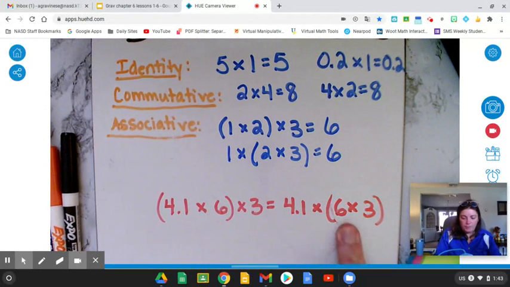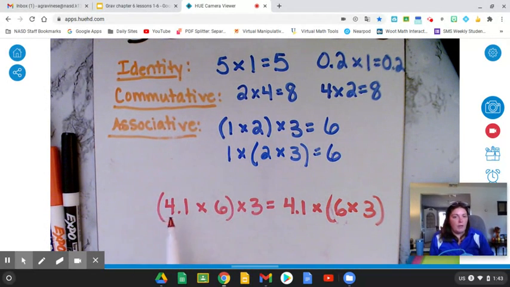All right, so for this example, I have 4 1/10 times 6 grouped together times 3. And that's going to equal the same amount as 4 1/10 times the product of 6 and 3. So which property am I showing you? Yep, I'm showing you the associative property.